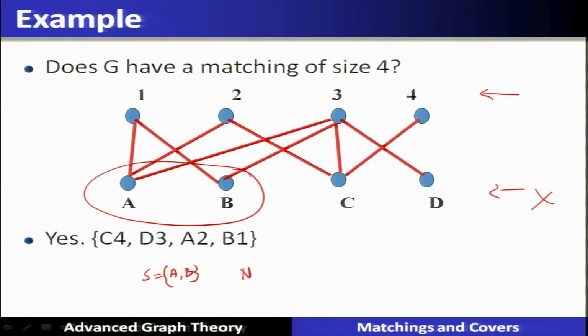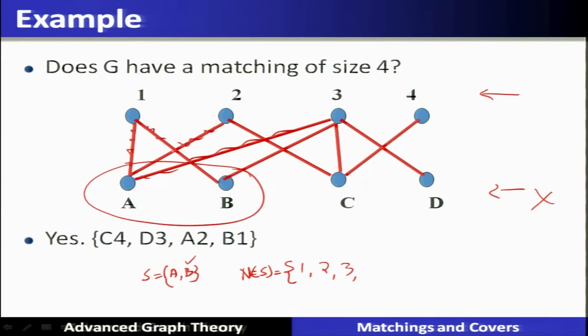Quickly we have to rush through this. If you form the neighborhood of this S, A has a neighbor 1, another neighbor 2 and another neighbor 3.